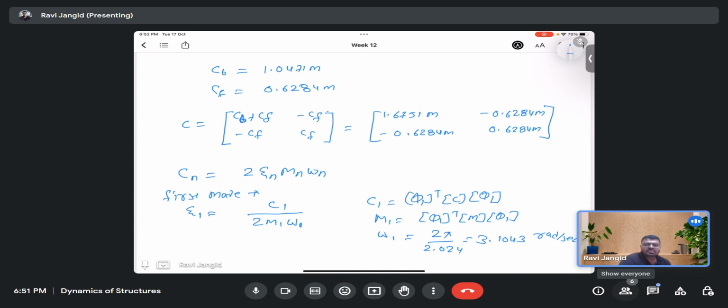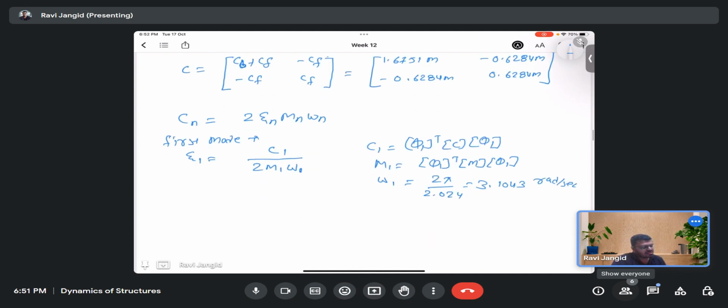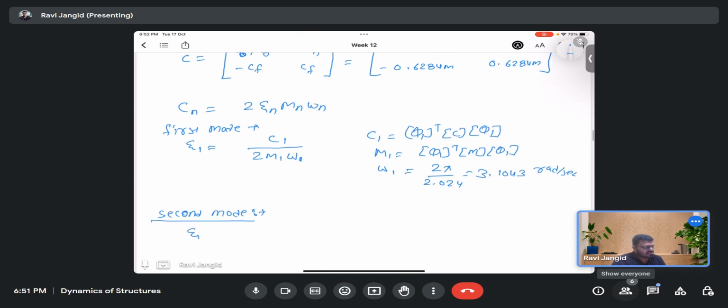Can you give me C1, M1? And for the second mode, ξ2 would be C2 by 2 M2 ω2.